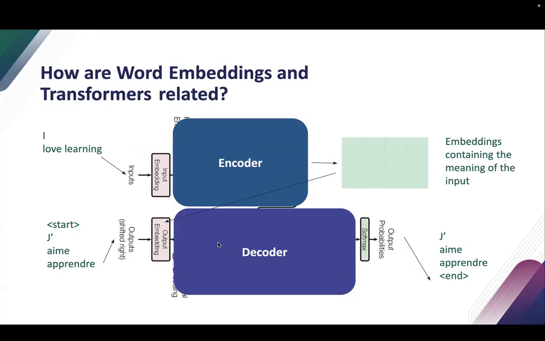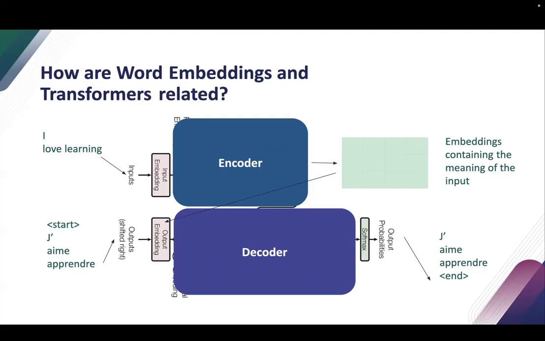Yeah, so the decoder part is one word at a time, but the encoder part is the whole sentence at once. And that's important because if you're only passing one word at a time to your encoder, it does not learn the surrounding meaning of the sentence.